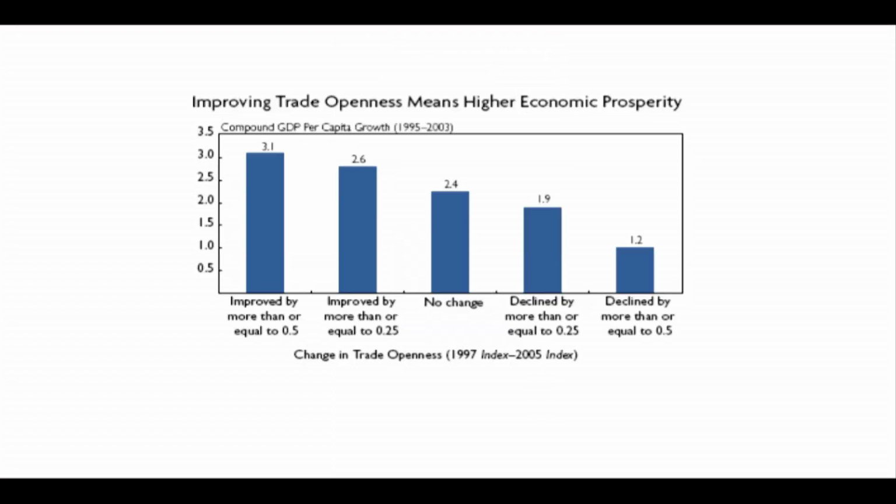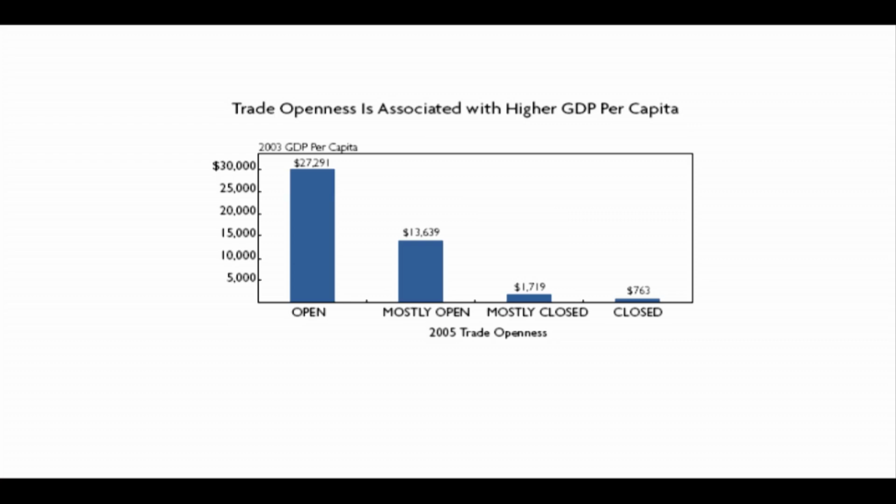This is a measure of openness to trade. These data show that the more open countries are to trade, the greater the rates of economic growth in those countries. Here's another set of data that show the same.